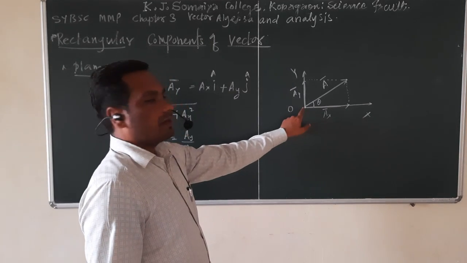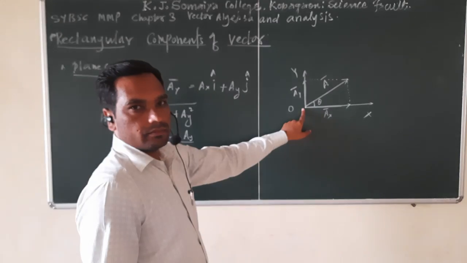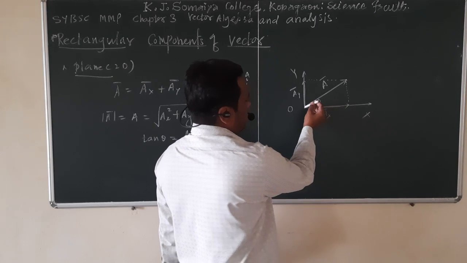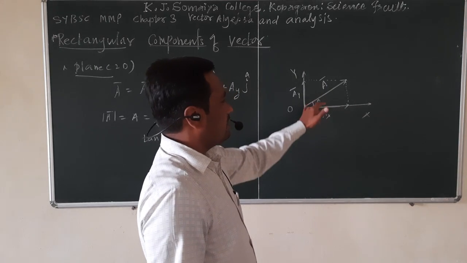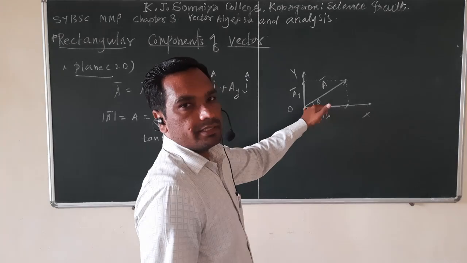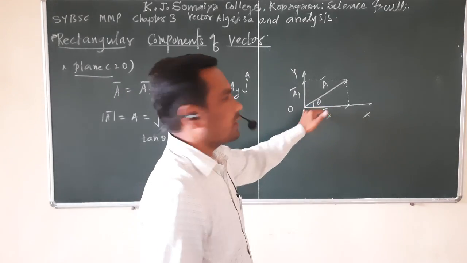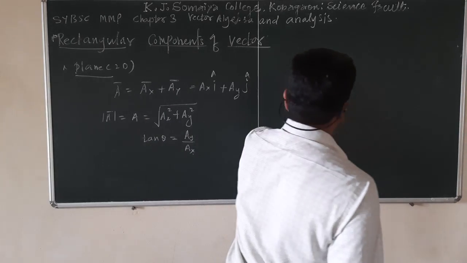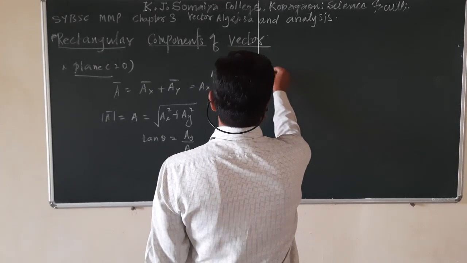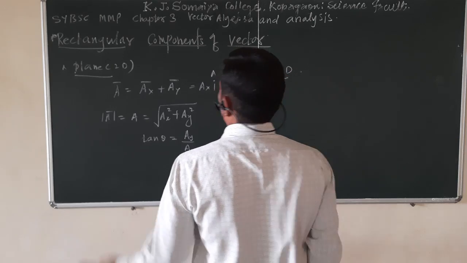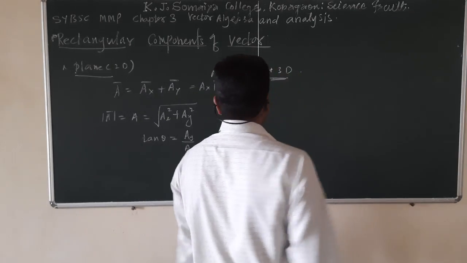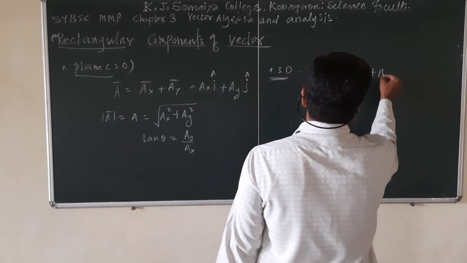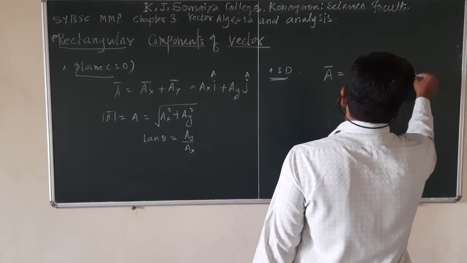Suppose the vector does not lie in a plane. If the vector is like this, we have to take three axes for representing the given vector. So how can we represent the rectangular components in three dimensions? Again, vector A now has three components, Ax, Ay and Az.